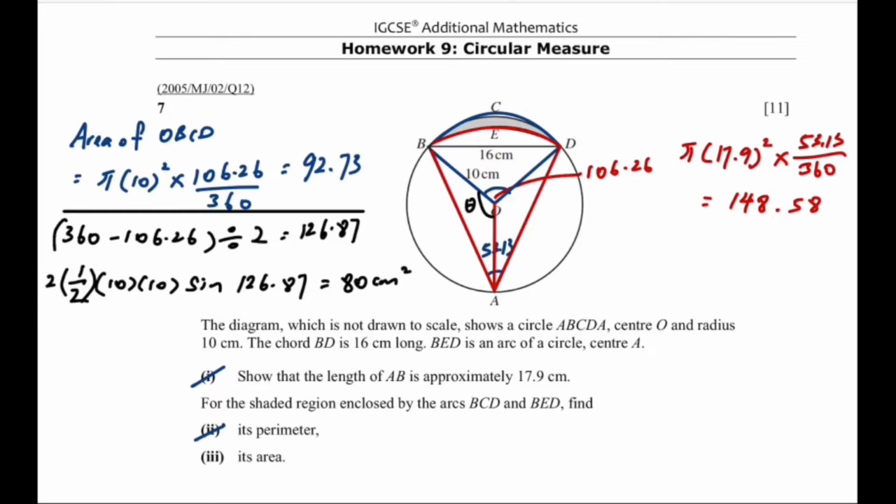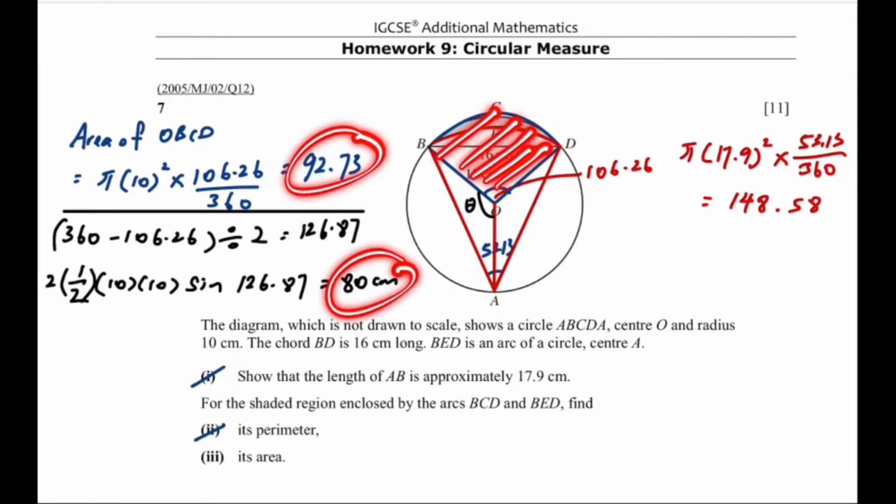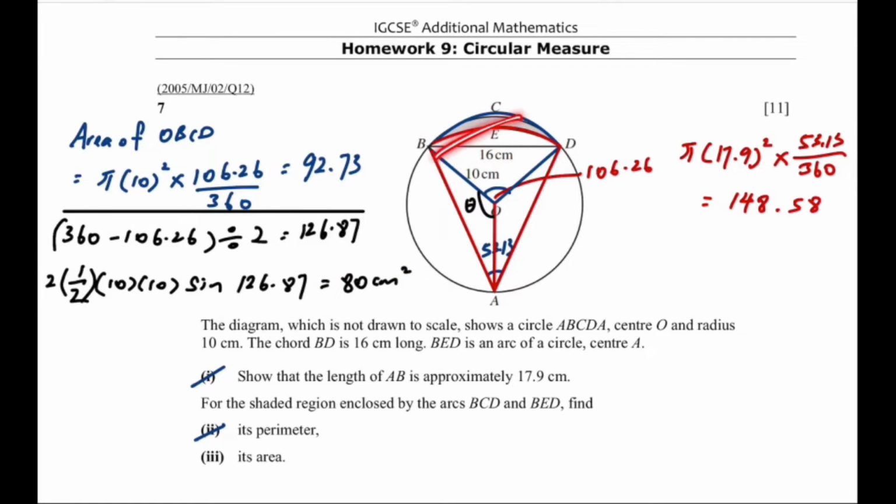That gives 148.58. Okay, so this one plus this one minus this one, that's the answer. Why? This one is this part. 80 is both triangles, so basically the whole thing here, minus 148.58. 148.58 is this part, so this is the shaded region.